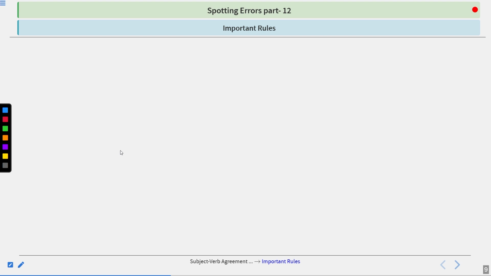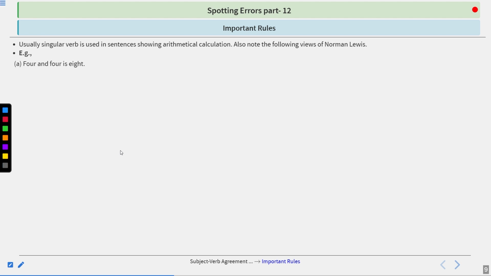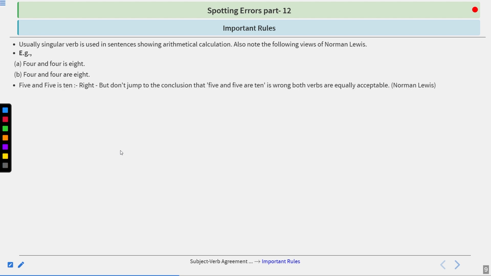Important rules. Usually singular verb is used in sentences showing arithmetical calculation. Also note the following views of Norman Lewis. 4 and 4 is 8. 4 and 4 are 8. 5 and 5 is 10, right?